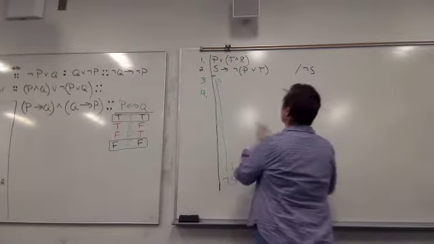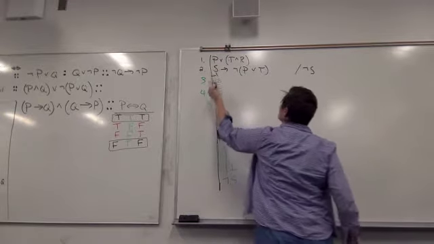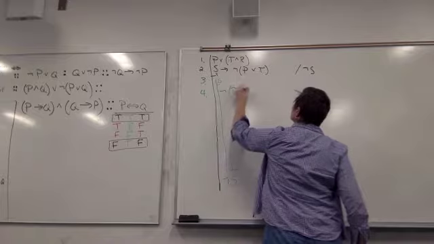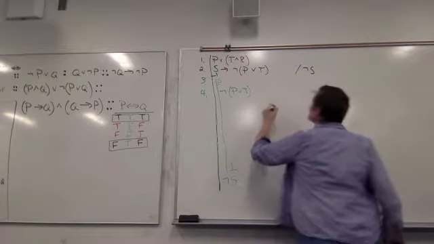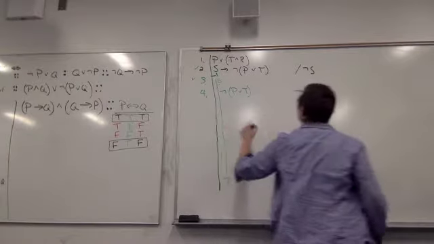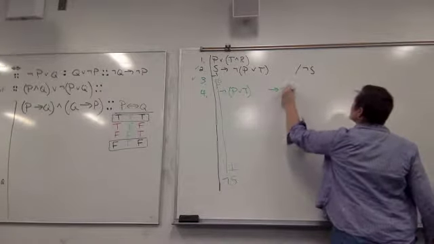So Rampton's saying, hey, we notice we've affirmed the antecedent, so that means that we have neither P nor T. Let's go ahead and mark these. So we use 2 and 3, conditional elimination.